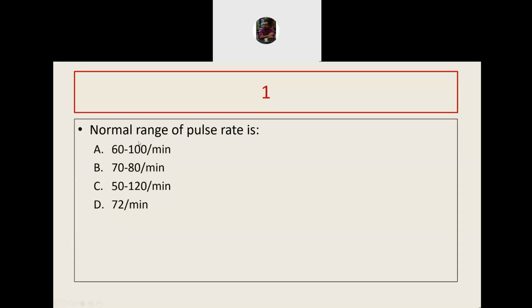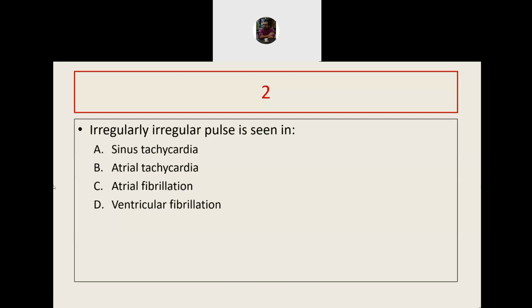The normal range of pulse rate is. Wonderful. The answer is 60 to 100 per minute. Irregularly irregular pulse is seen in.